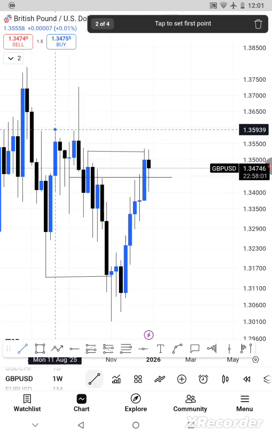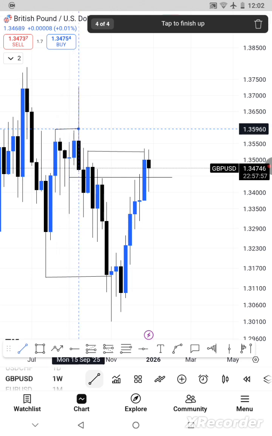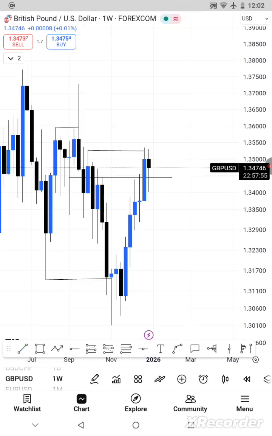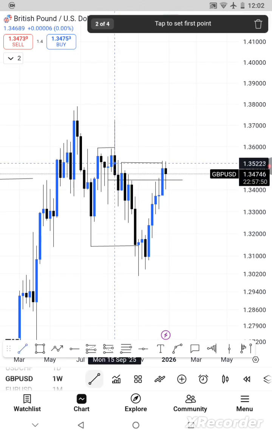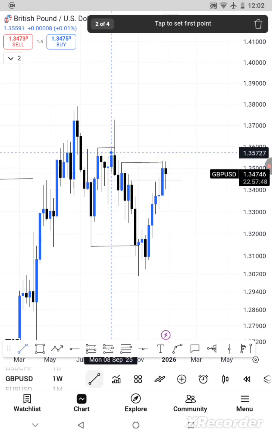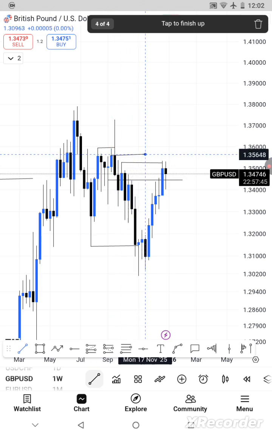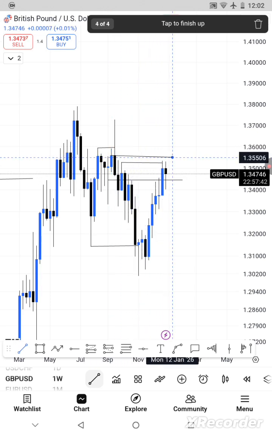We can see a liquidity sweep just above this candle, as the market has broken above this. We can also see a key level just below the liquidity sweep.